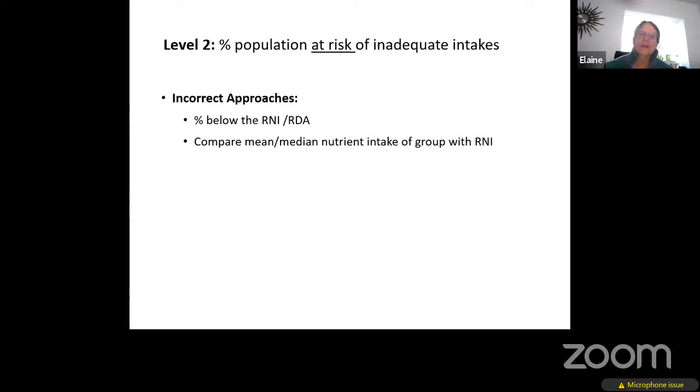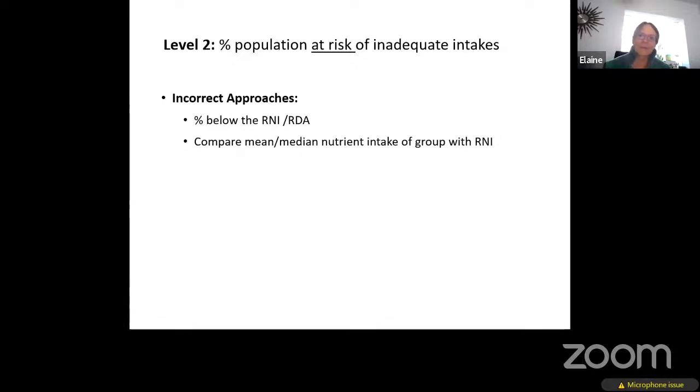And just to remind you that the RNI or RDA is the amount required to meet the needs of 95% of the population. So that's that high level when we're looking at that requirement distribution. So if we looked at the percentage of the population whose nutrient intakes lay below the RNI or RDA, that would mean that we would overestimate the percentage of the population at risk.